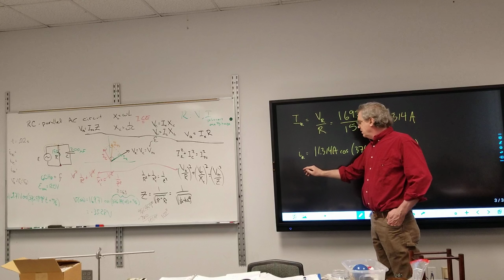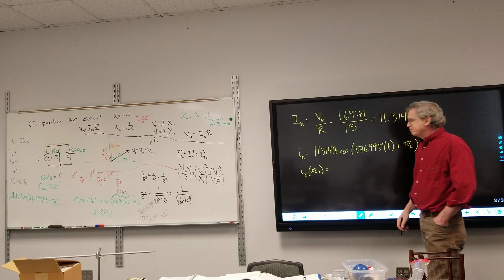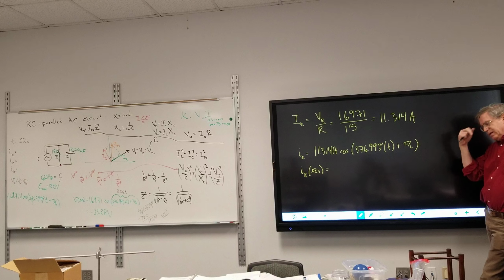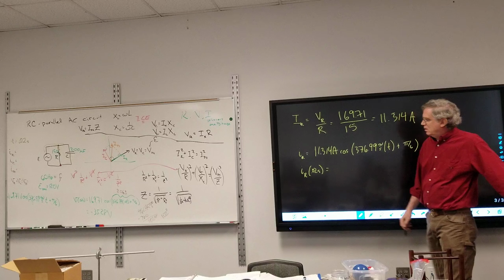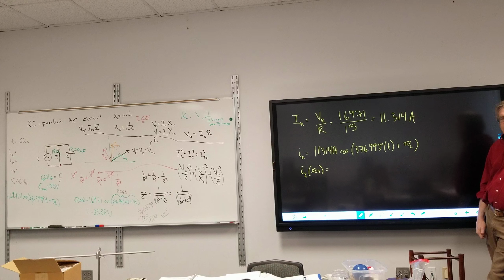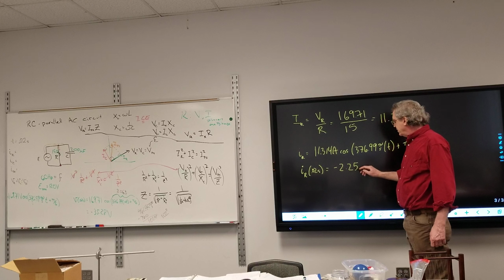So the current at 0.02 seconds is, and now it's a plug and chug exercise. Negative 2.35.